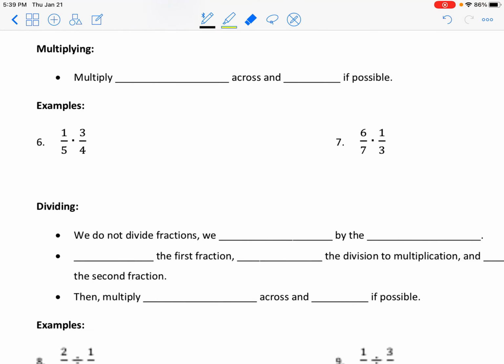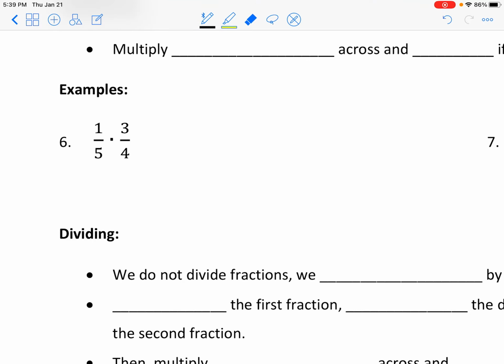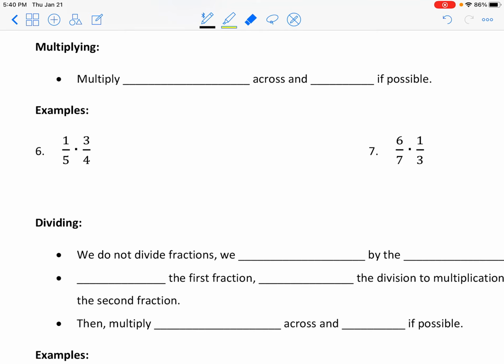What about multiplying? How do we multiply fractions? For instance, if I said to multiply 1/5 times 3/4, hopefully we remember that when we multiply fractions, we multiply straight across the numerators, straight across the denominators, and then once we're left with one fraction, we'll reduce that if we can.